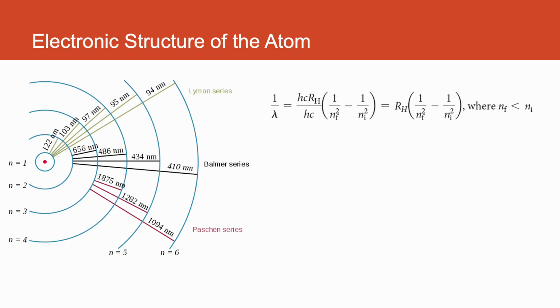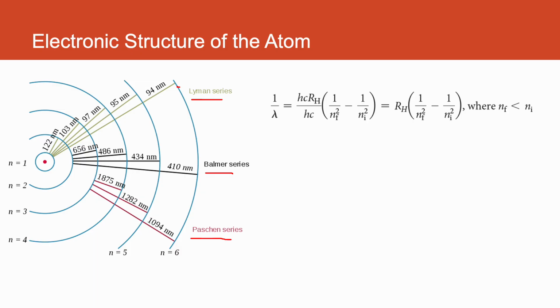Okay, so more on the electronic structure of your atom. As said, when an electron moves from a higher orbital to a lower orbital, it emits light, or it emits energy in the form of light. So we have series when calculating for your wavelength which correspond to line spectra.